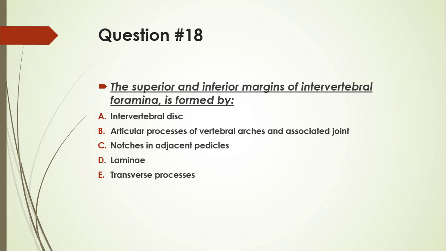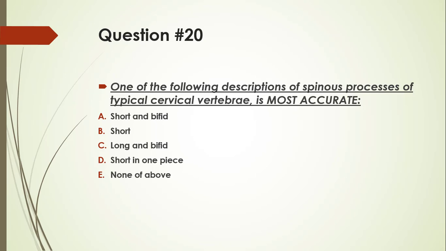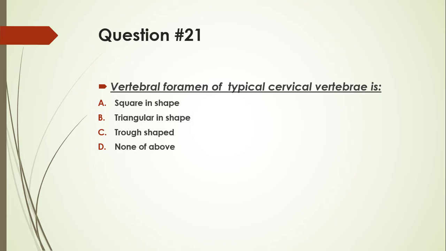Superior and inferior margins of intervertebral foramina are formed by. The major distinguishing feature of axis vertebra is. One of the following descriptions of spinous processes of typical cervical vertebrae is most accurate. Vertebral foramen of typical cervical vertebrae is. Foramina transversaria is.